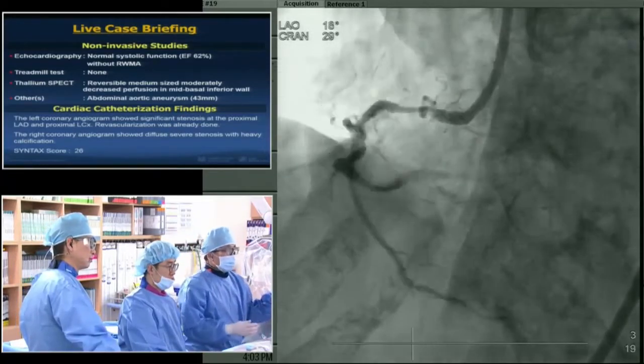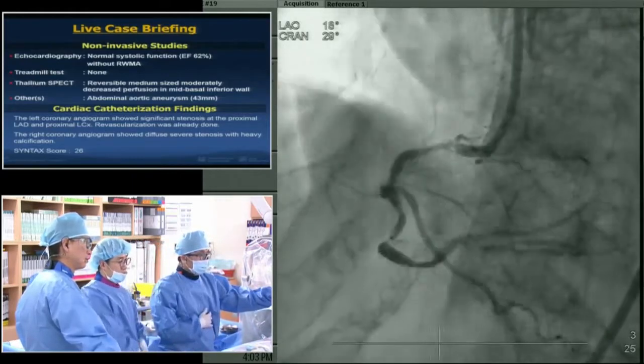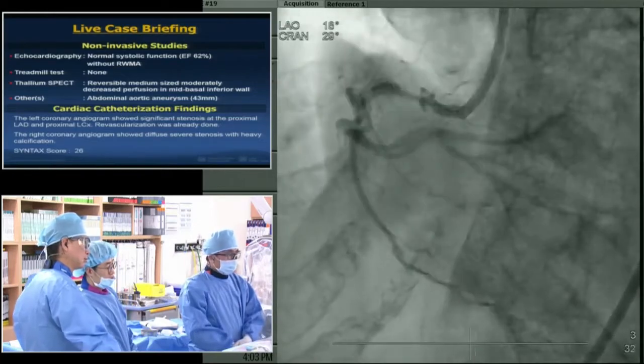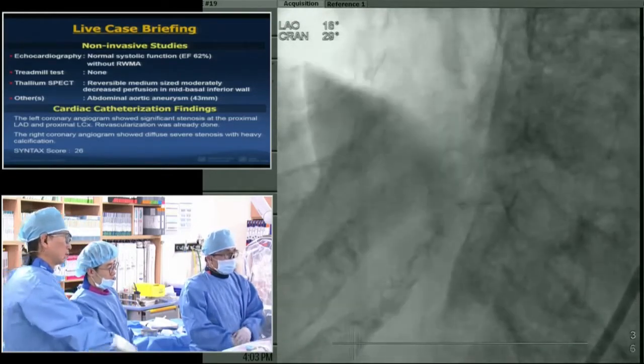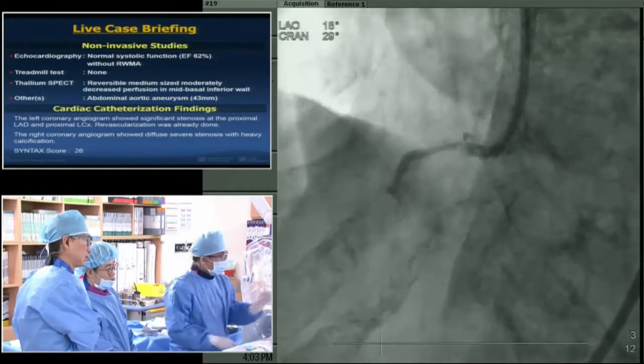So we already, as you saw, put the stent, so we will explain our procedure. We used the JR catheter because the coronary ostium was positioned a little bit lower.